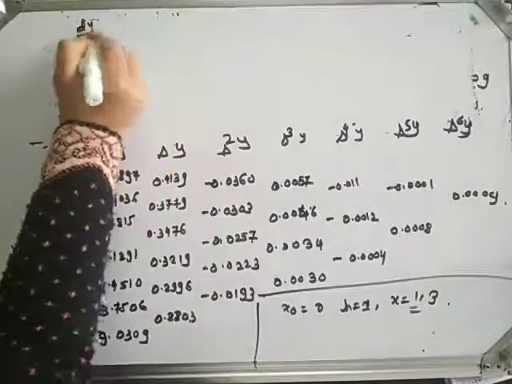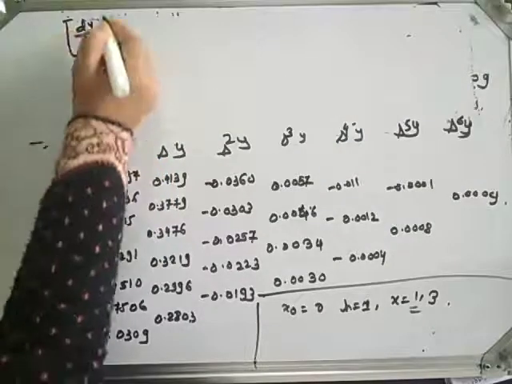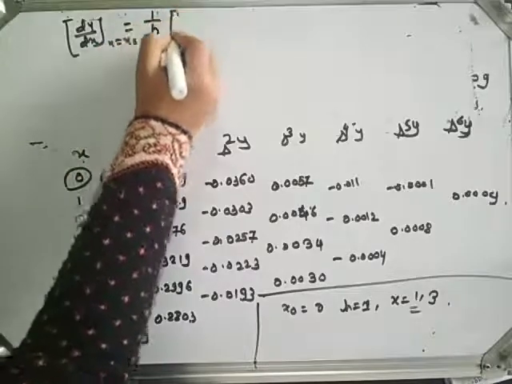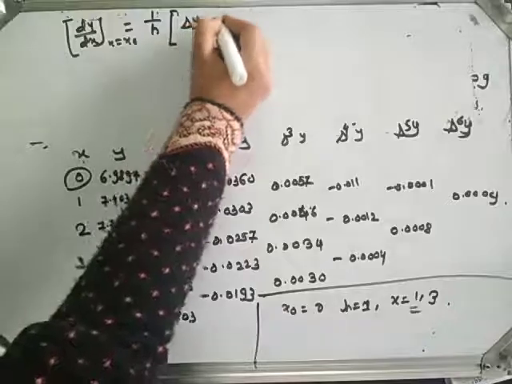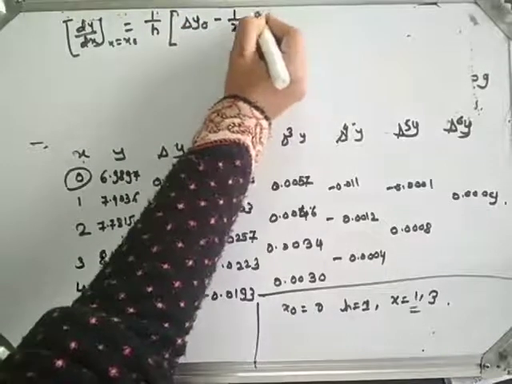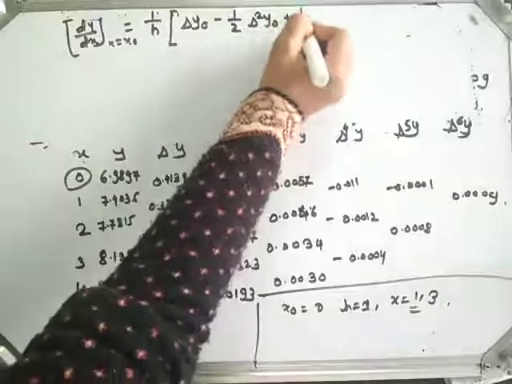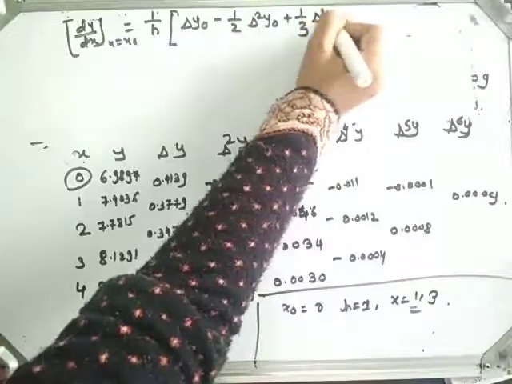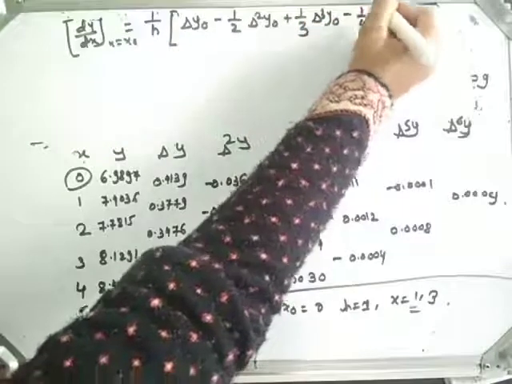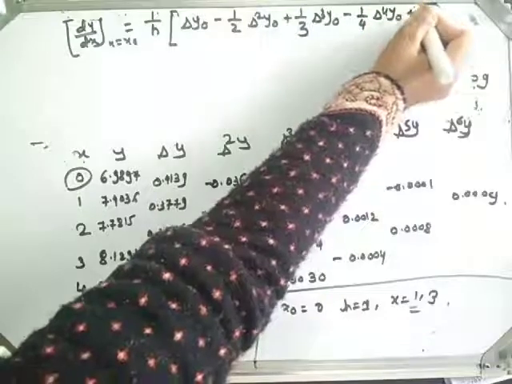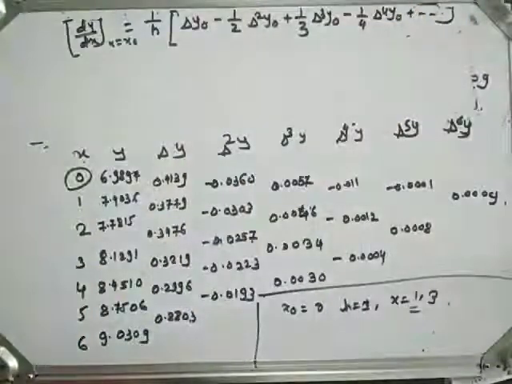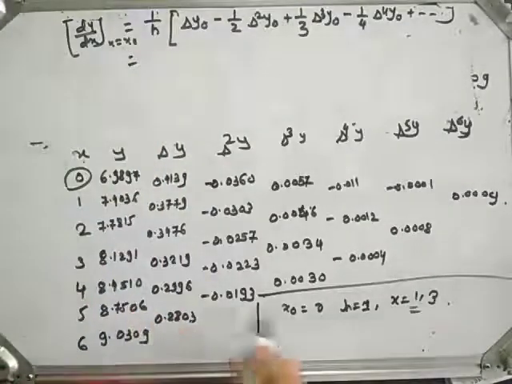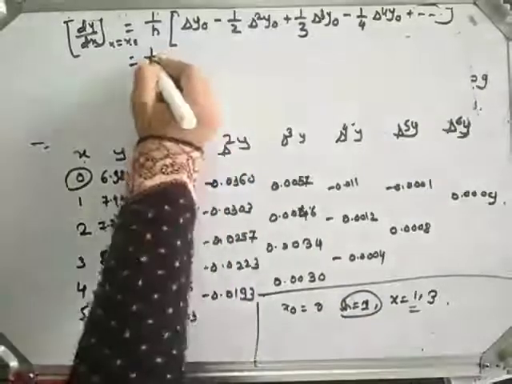Formula is dy by dx at x equals x0, which is equal to 1 by h, delta y0 minus 1 by 2 delta square y0 plus 1 by 3 delta cube y0 minus 1 by 4 delta raised to 4 y0 plus and so on. Okay, so students, see here, what is h? Value of h is here 1 by 1.